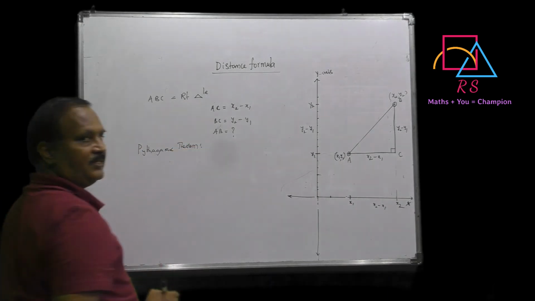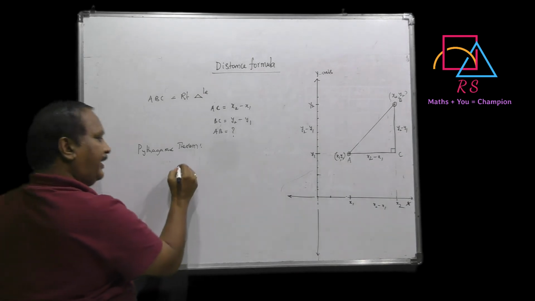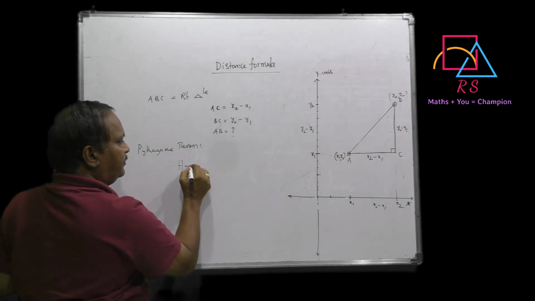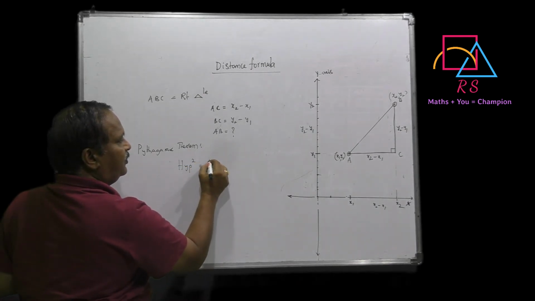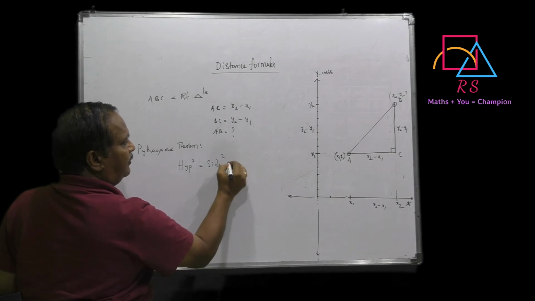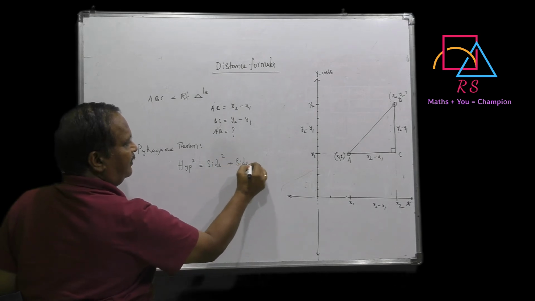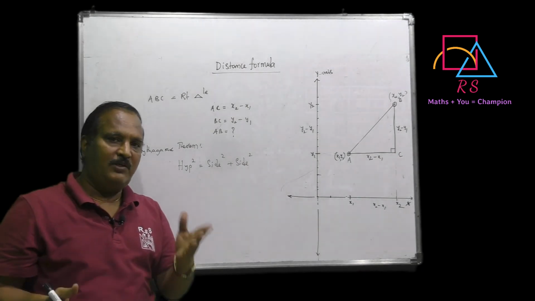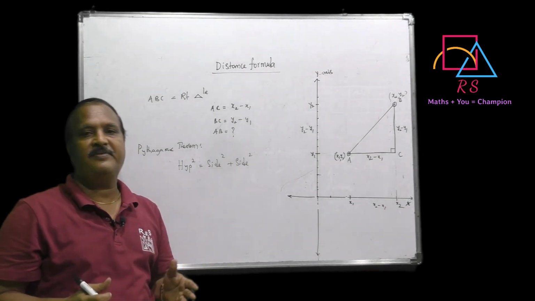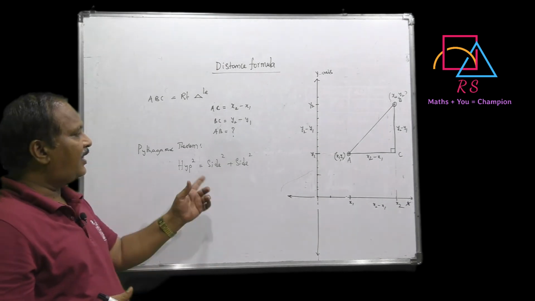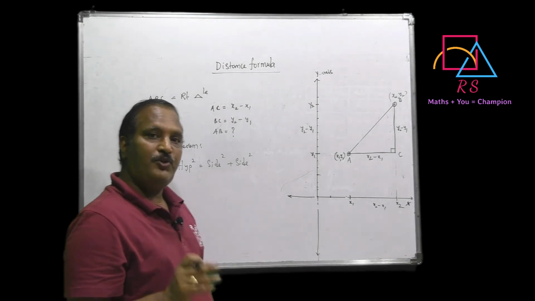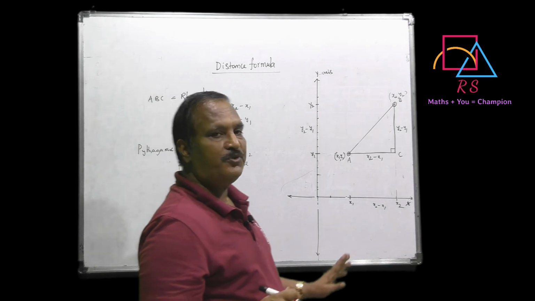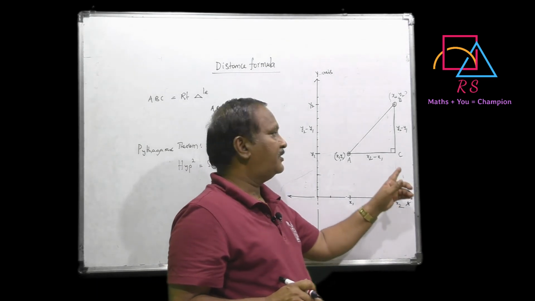I'll recall for you what the Pythagoras theorem is. In short, hypotenuse square is equal to side square plus side square. That means the square of the hypotenuse is equal to the sum of squares of the other two sides. So you should know what a hypotenuse is. Some students do not know what a hypotenuse is.